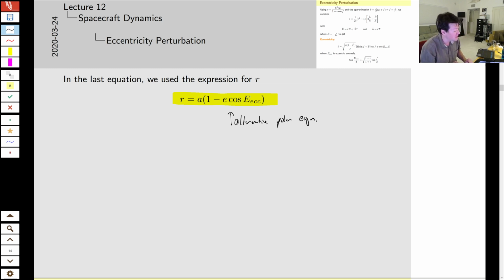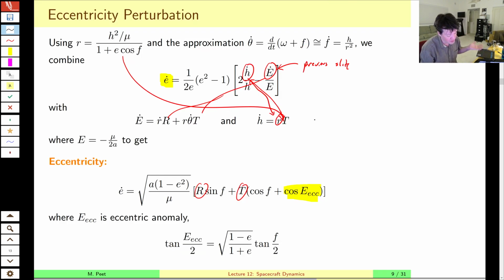Why did we use that? Well, because basically these expressions are getting quite messy. It turns out that if you use that version of the polar equation, you can get this common term on the outside, and it just simplifies everything. So all of these things don't have different coefficients. They all sort of have the same coefficient.